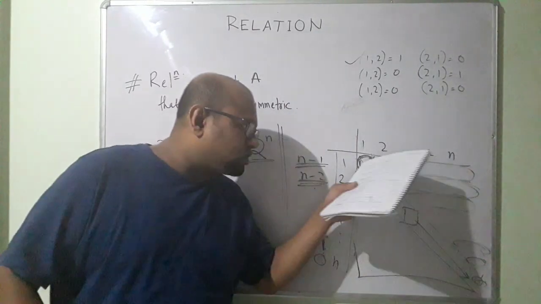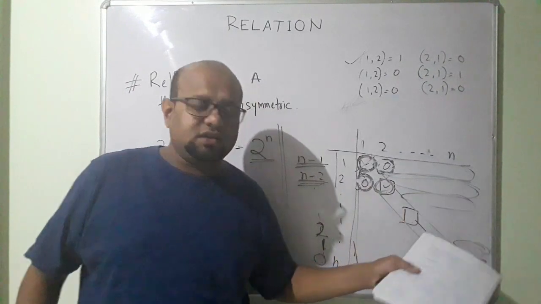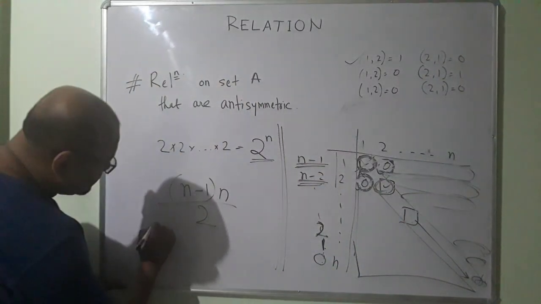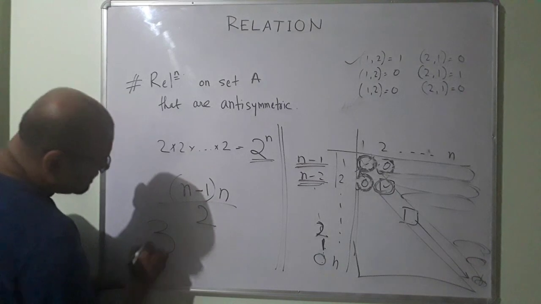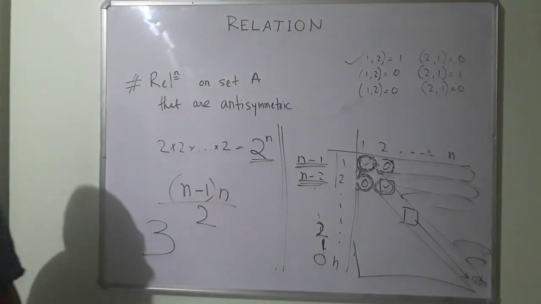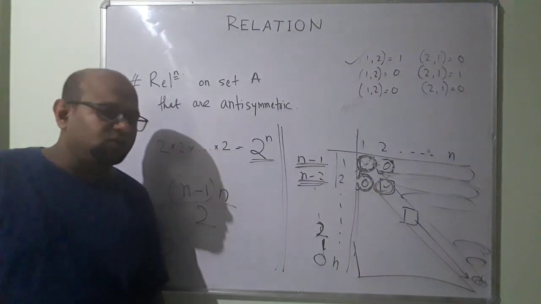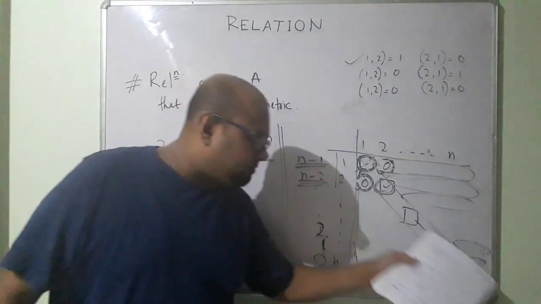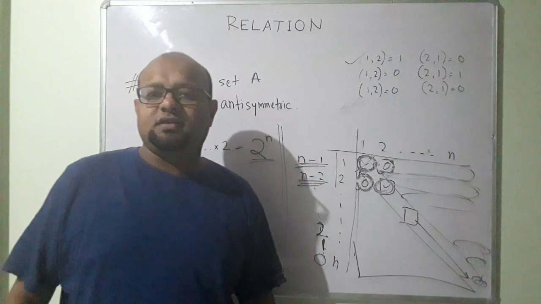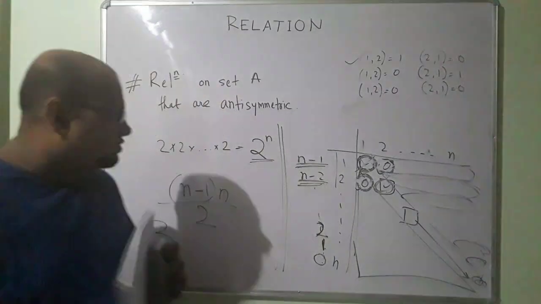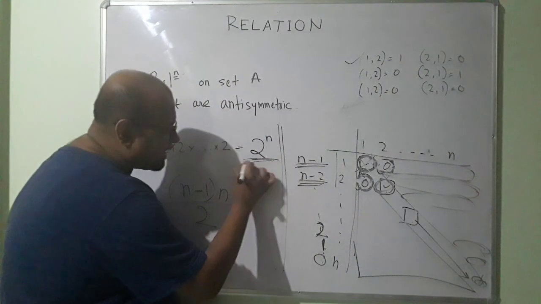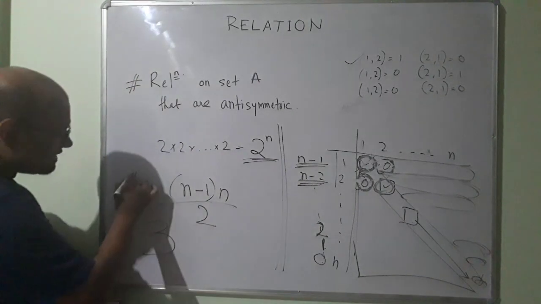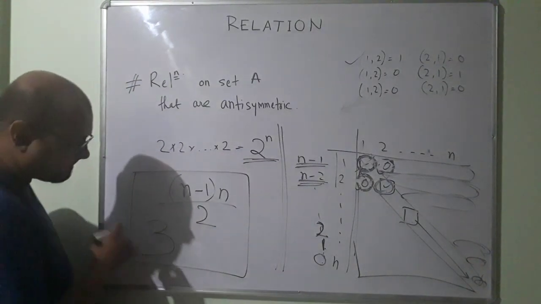So I have 3 choices for each of these cells. Okay. So I have 3 to the power this many ways in which I can fill this upper triangular and lower triangular minus the diagonal. Okay. So I have this many ways to fill the diagonal, this many ways to fill the rest of the matrix.